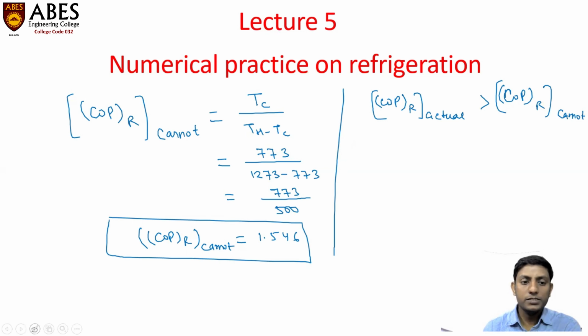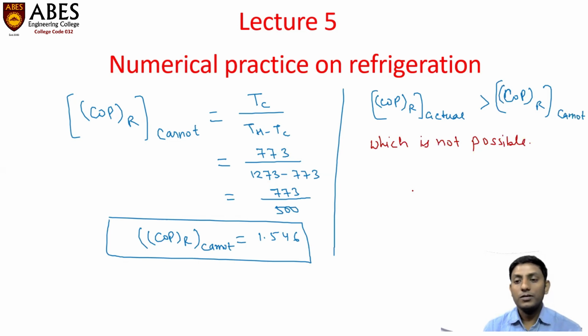We have already discussed that the maximum possible efficiency or COP of a system which can be achieved is that of Carnot.